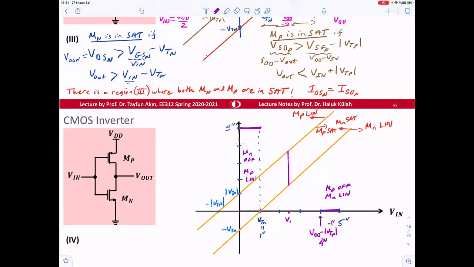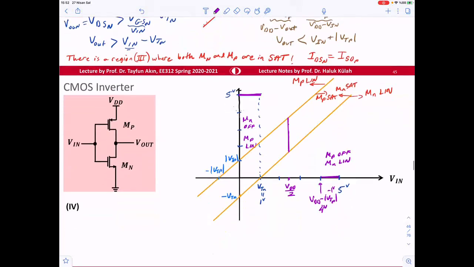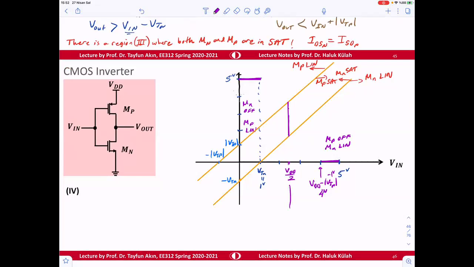So this will be VDD divided by 2, for the case where Kn is equal to Kp.